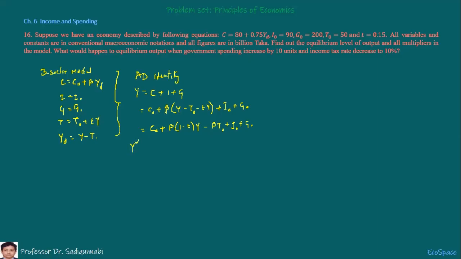Y star equals (C naught minus beta t naught plus I naught plus G naught) divided by 1 minus beta (1 minus t). So this is our equation number 1 in problem 16.